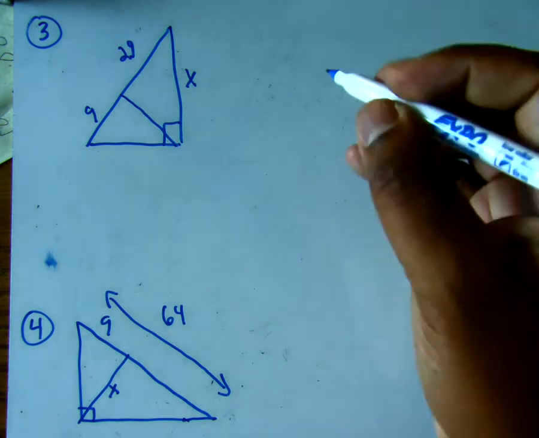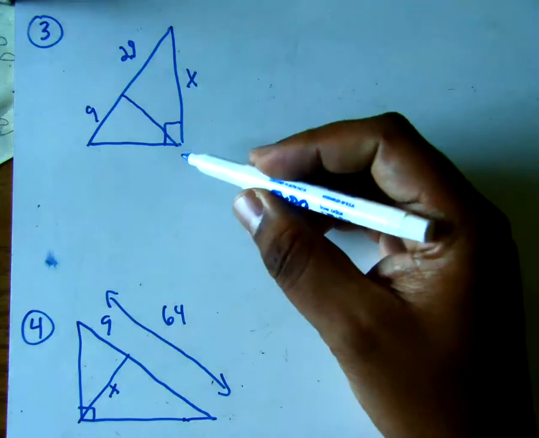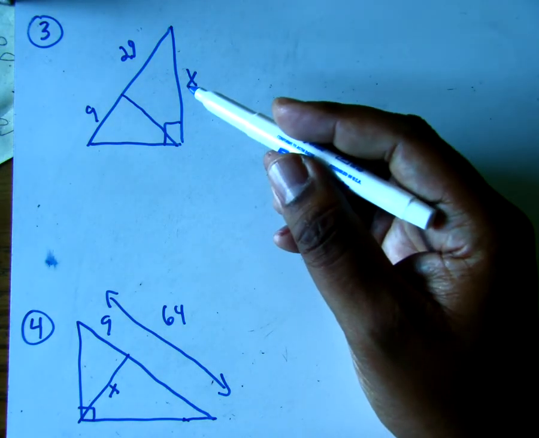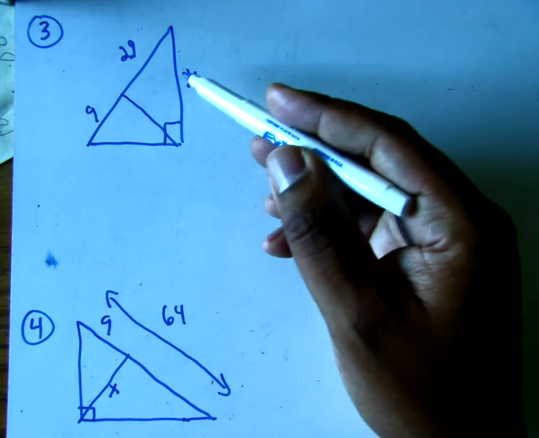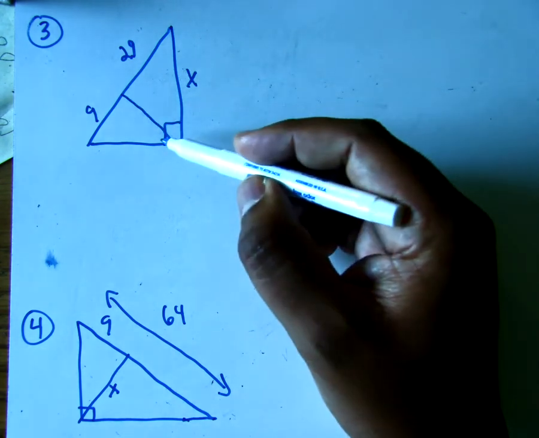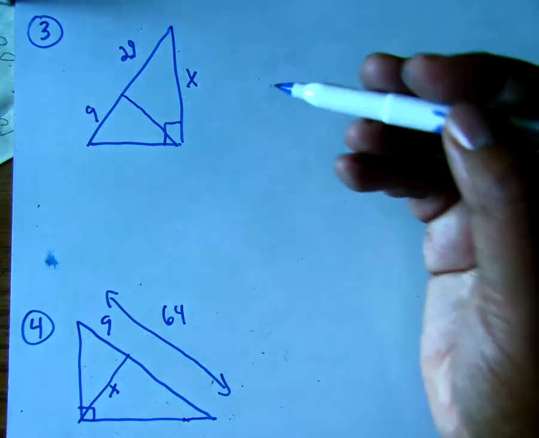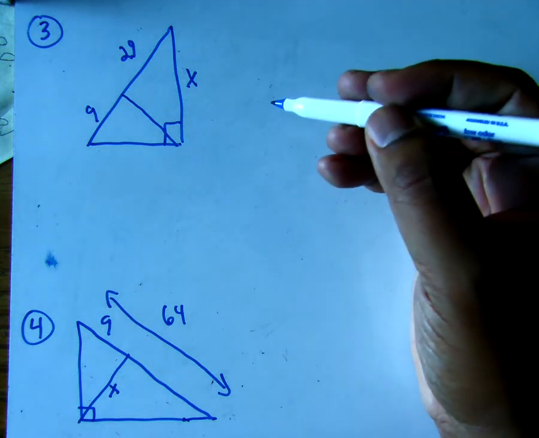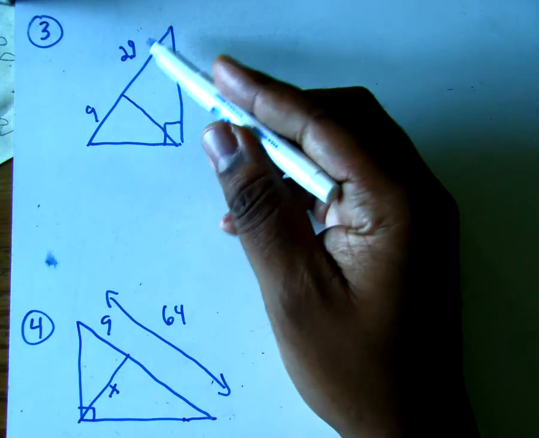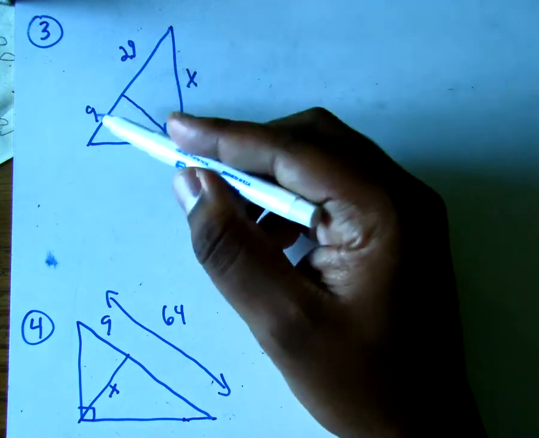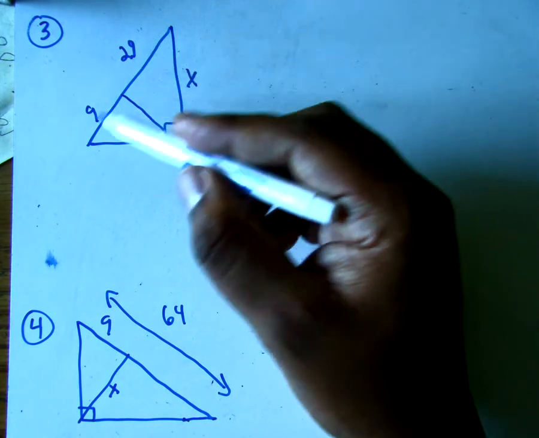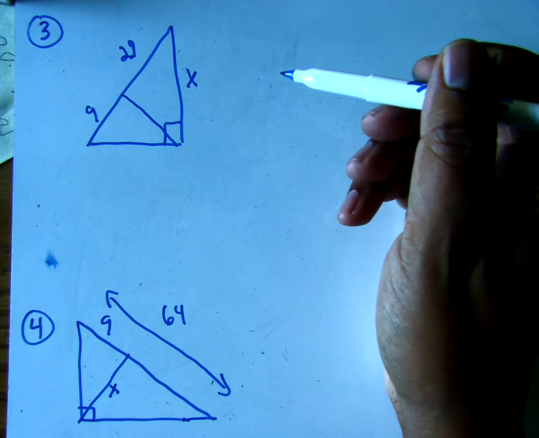So first we start off recognizing which rule this is. Here we have the leg rule, because we don't have the altitude and we do have the leg. But remember, with the leg rule, you need the whole hypotenuse. So we're missing a value that we need to put in our ratio.